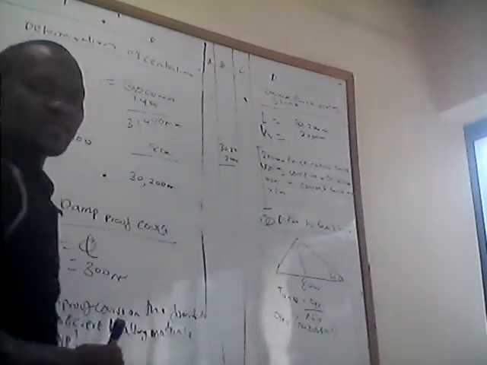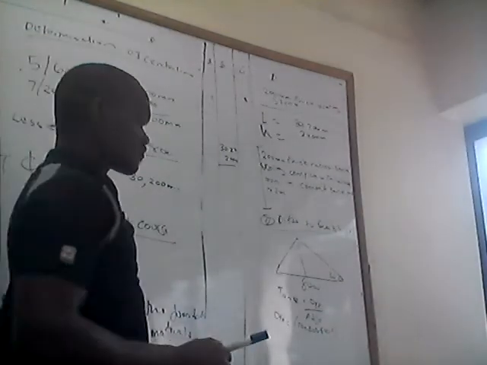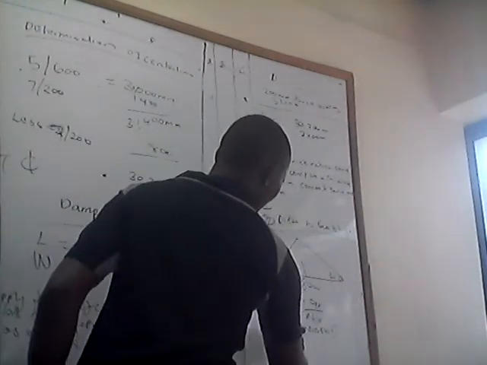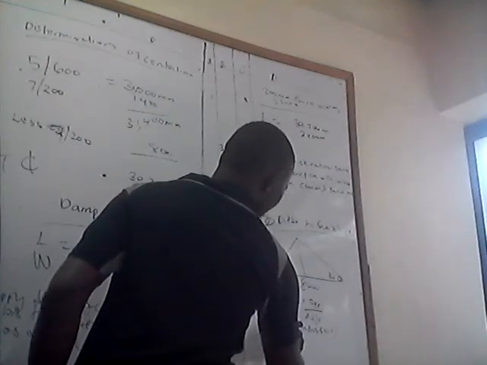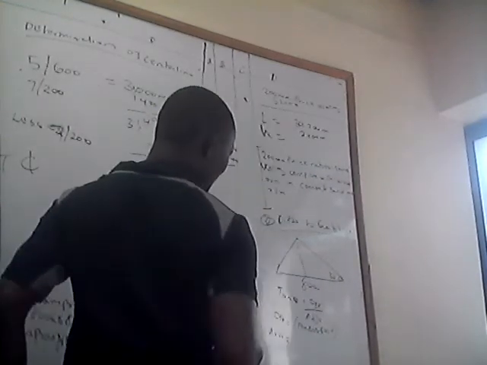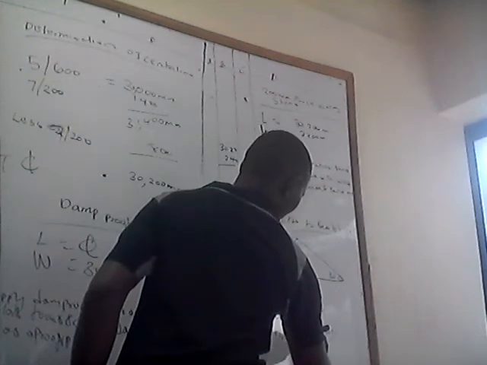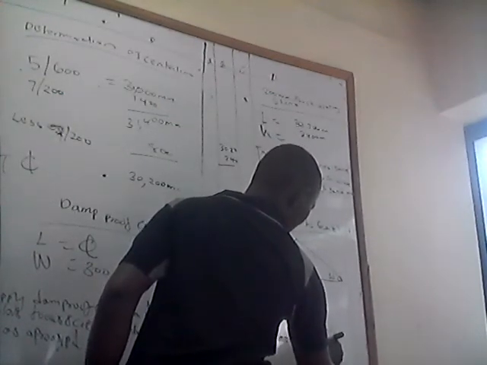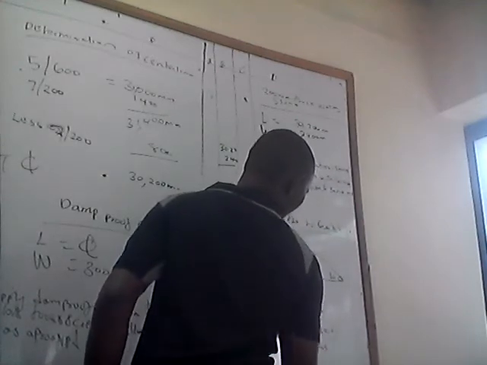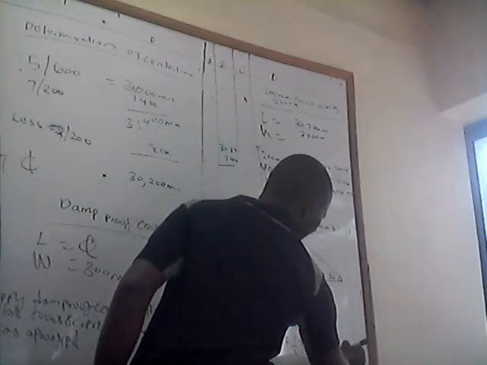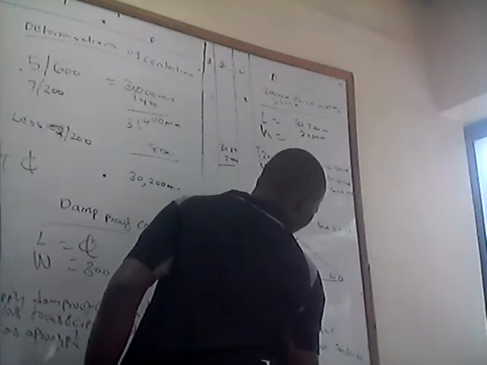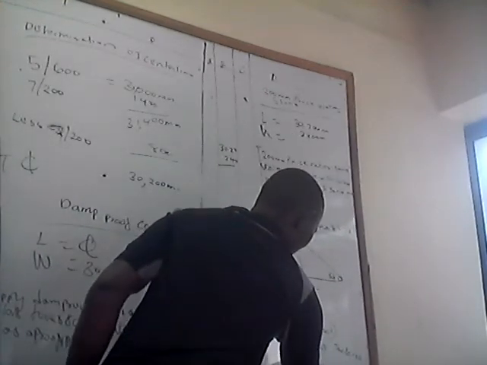From here, this will be the height. For us to get the area, it is equal to a half times base, which is 8,000, times the height, which is tan 30 times 8,000. You get the answer. Assume we have gotten our answer to be X.